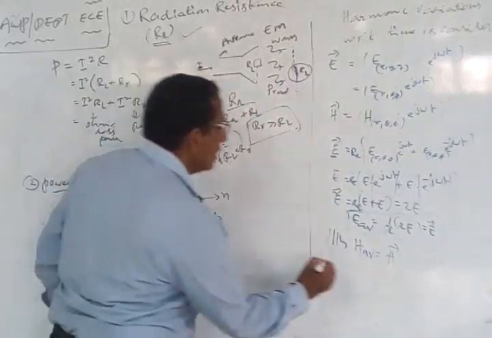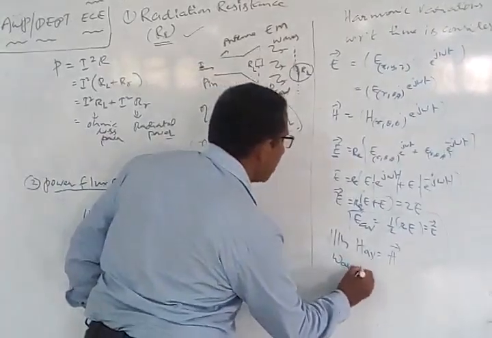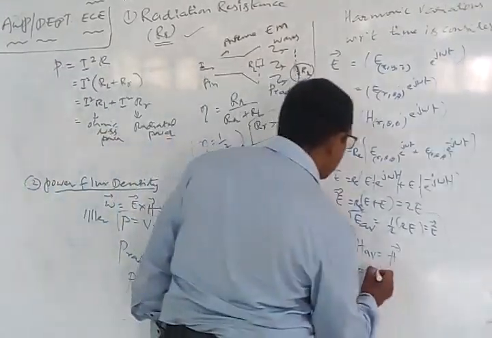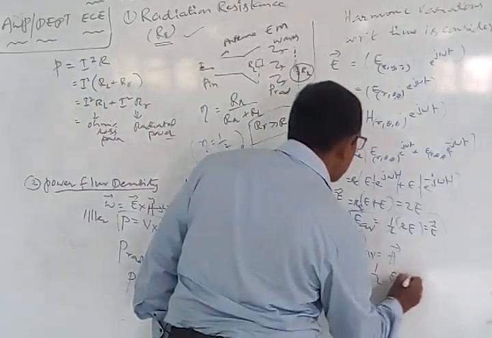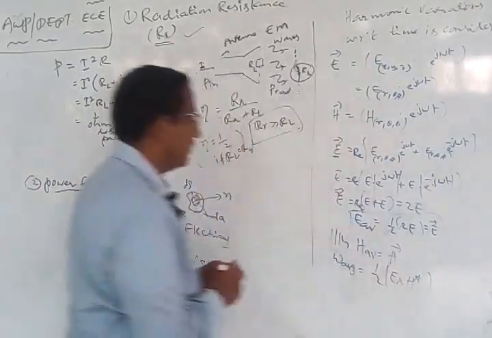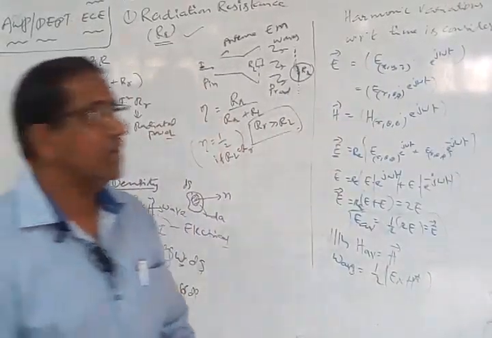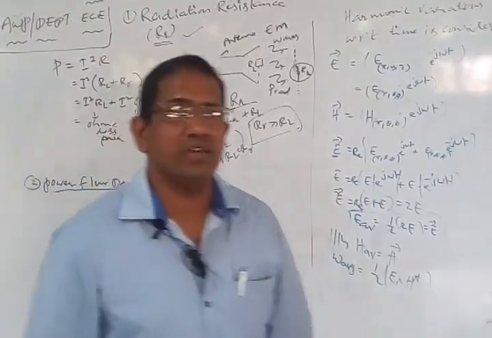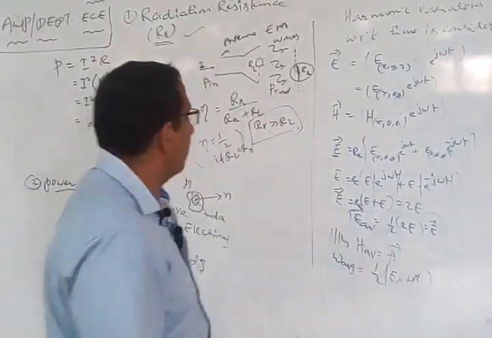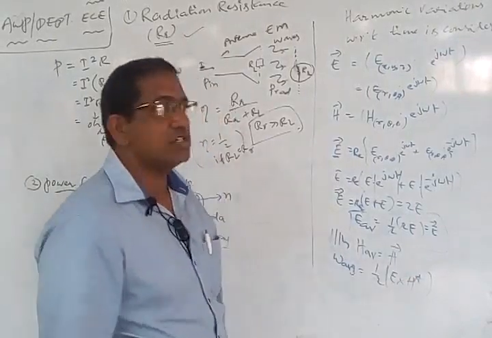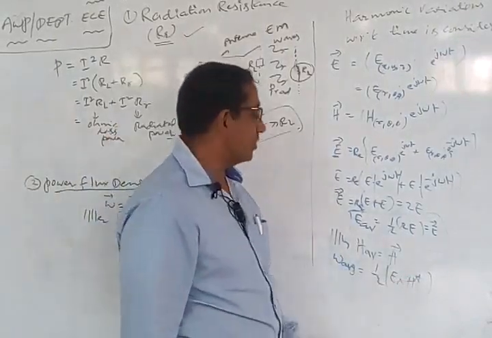So the average power radiated can be written as half E cross the complex conjugate of the H component. That means the average power density of a radiated wave is 1 by 2 times E cross H complex conjugate, H star.